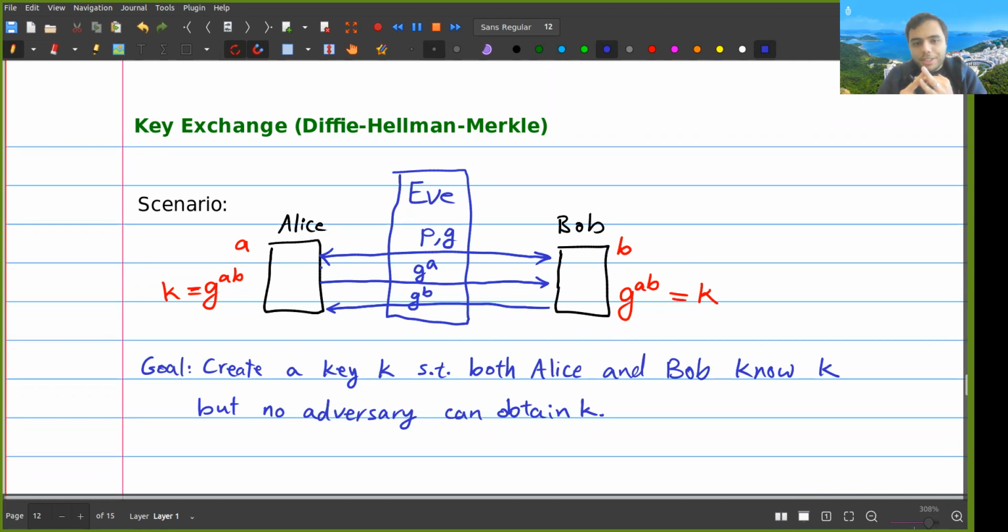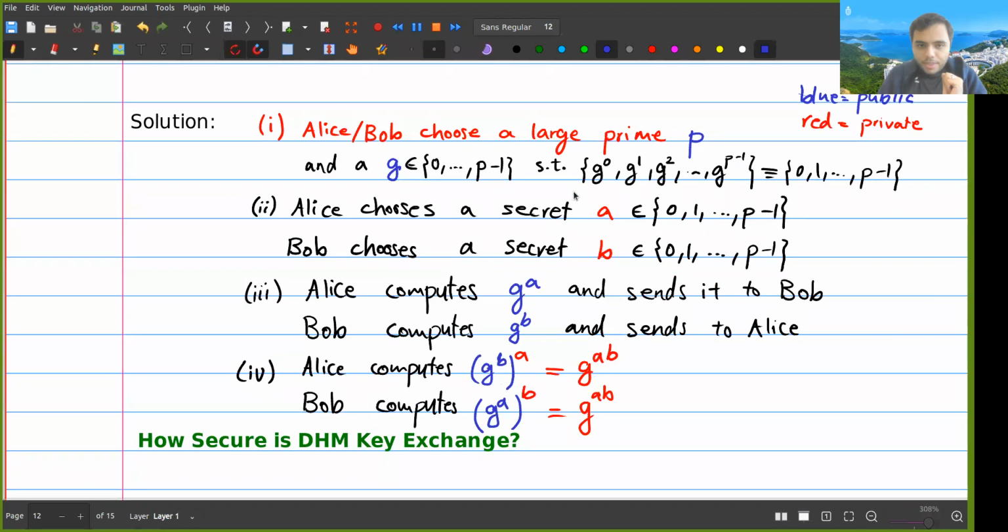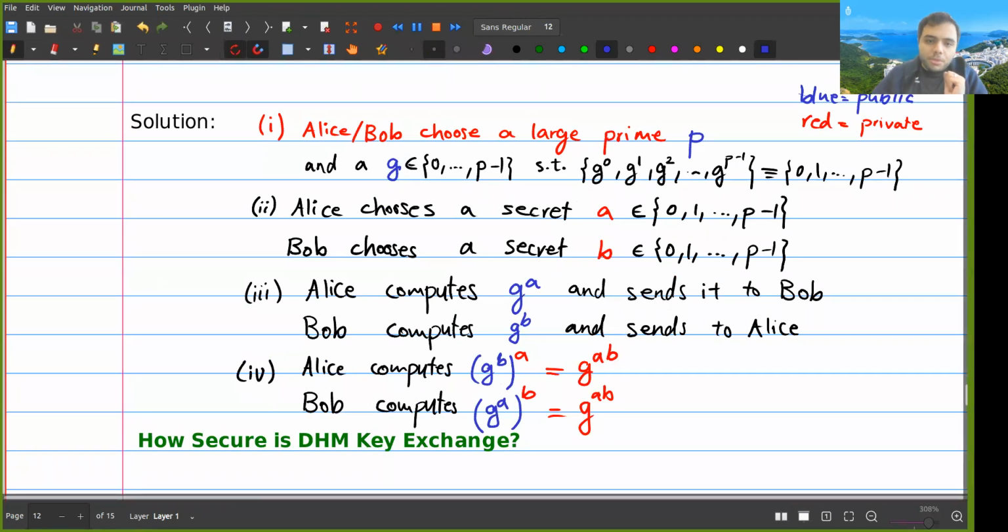But the question actually asks, why should it be a large prime number? Well, the other part of this is that we want to actually be able to find a G with these properties. We want to find a G such that the powers of G give us all the possible remainders. And this is quite easy when you work with prime numbers. So that's just convenience.